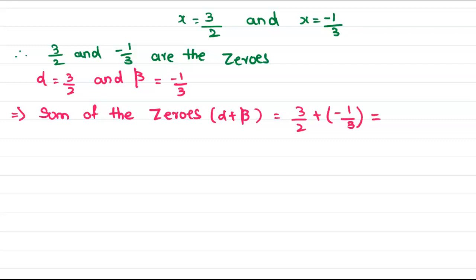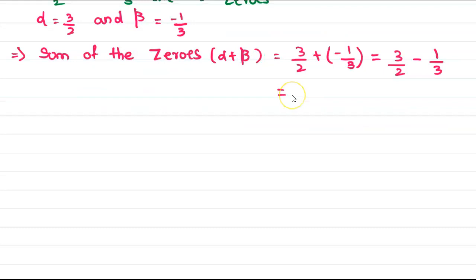So that is equal to 3 by 2 plus into minus 1 by 3 here. So we get the value, LCM is 6, and here 9 minus 2, that is equal to 7 by 6.